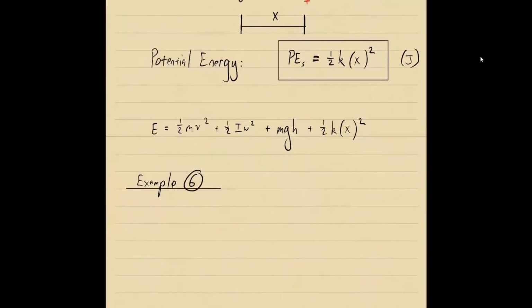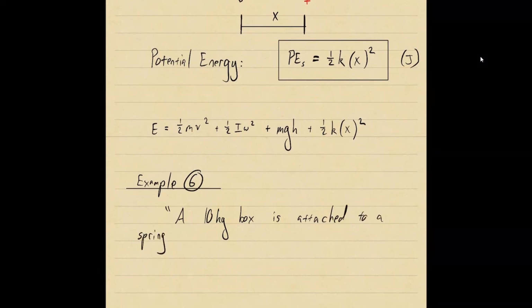Example 6 says that a 10 kilogram box is attached to a spring with a spring constant k of 1,000 newtons per meter.